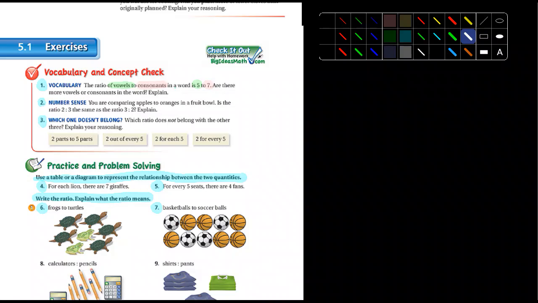So what is the ratio of basketballs? How many basketballs do we see right there? 6. 6 to how many soccer balls? 4. Okay. Then what does it say? It says explain what the ratio means. So for number 7, 6 is the number of basketballs.